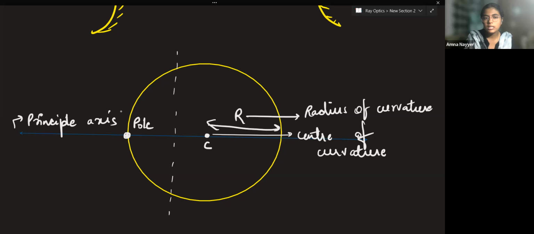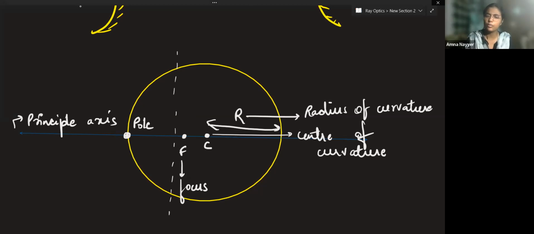Then all the rays of light that strike the spherical surface will appear to meet at a point. That point at which they meet each other is known as the focus. Mainly we say focus simply, or you can say principal focus also. Fine.